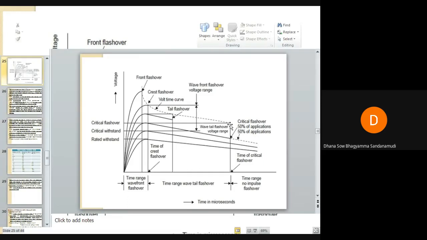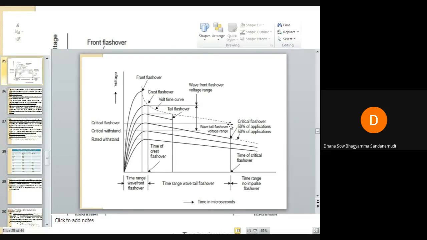If the overvoltage has been caused by faults due to switching operation or faults within the system, and if the overvoltage is up to 345 kilovolts and not beyond, then this overvoltage may not damage the insulation of the equipment.